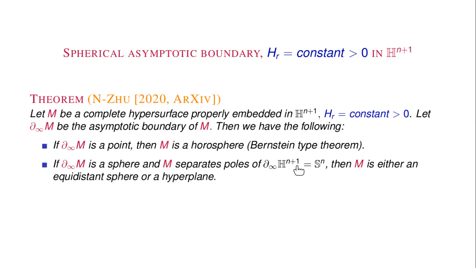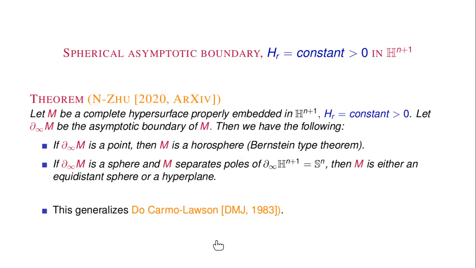This result, in fact, is a generalization of a result that holds for mean curvature and is due to Do Carmo and Lawson. And the title of the paper is exactly a Bernstein type theorem in the hyperbolic space. So this is why we call it a Bernstein type theorem.